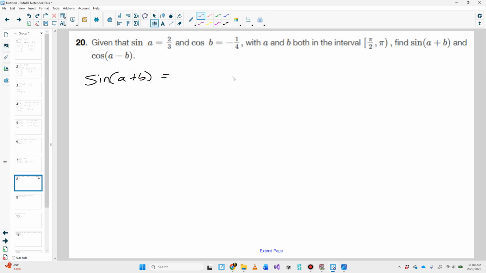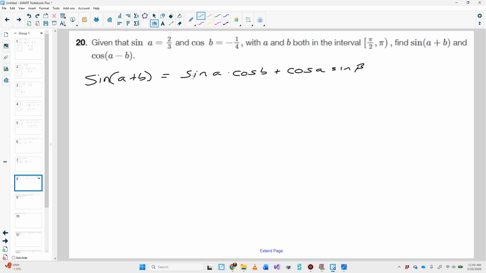Okay, so a couple of things. The sine of A plus B can be rewritten in the following way. It's the sine of A times the cosine of B plus cosine of A times the sine of B, or beta.